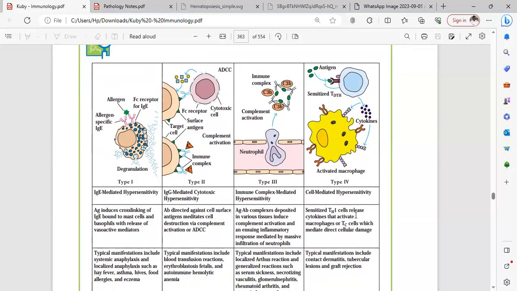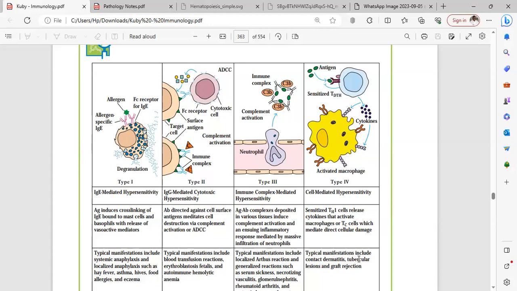So yeah, we have the T helper cells that usually release cytokines. So we have the cytokines, and then that activates the macrophage. So these are the activated macrophages. If activated, they lead to cellular damage, direct cellular damage.